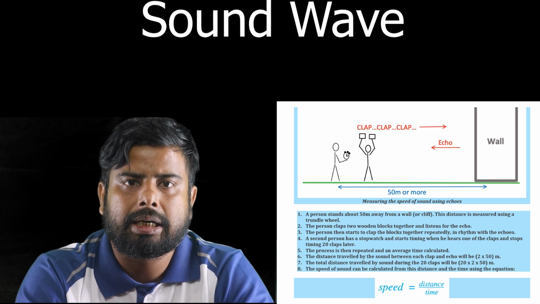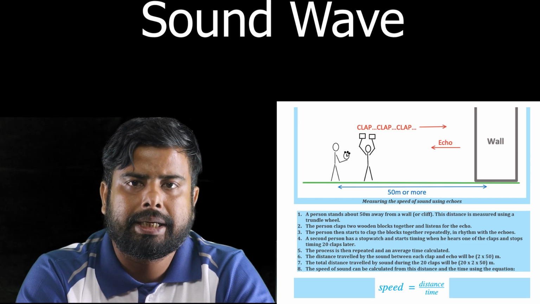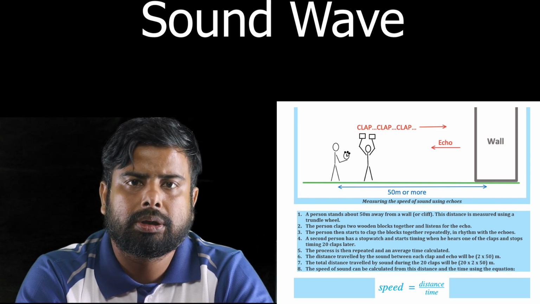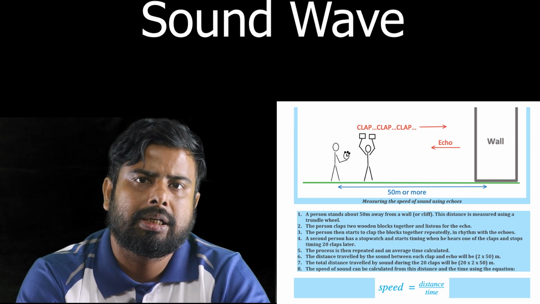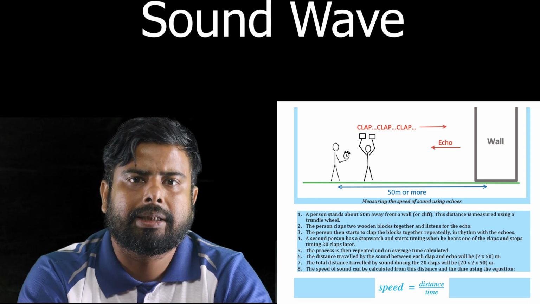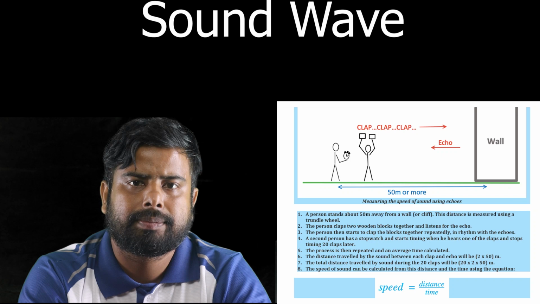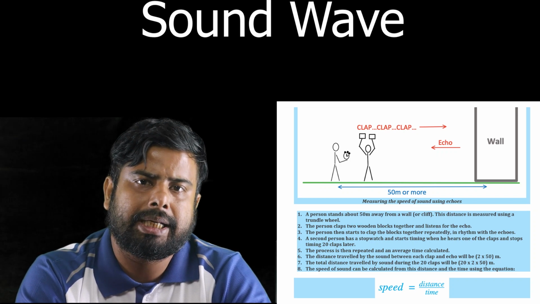The distance traveled by the echo is twice d, because the reflected sound first goes to the wall and reflects back. That's why it travels twice the distance. So speed equals distance divided by time taken.